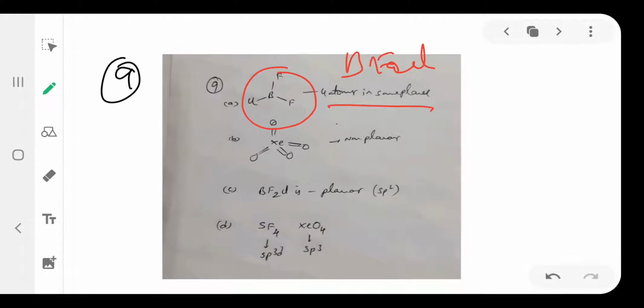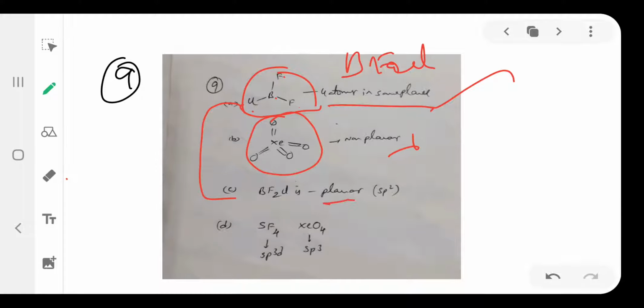Planar structure, 4 atoms: 1, 2, 3, 4 atoms are present in the same plane. This other one is the tetrahedron structure, which is non-planar.